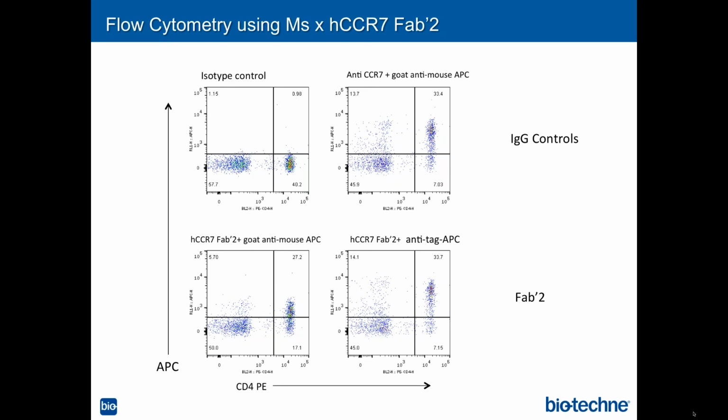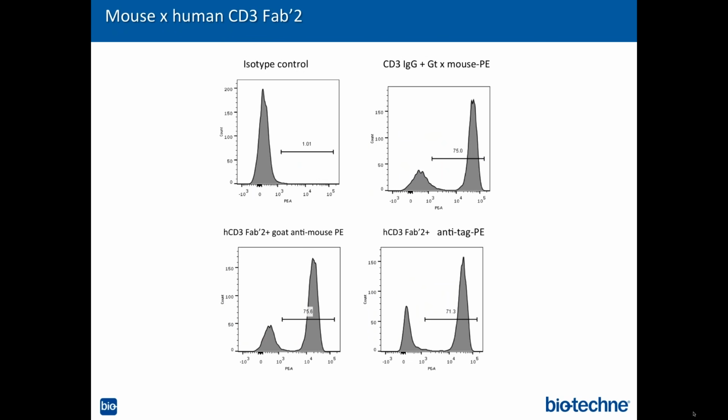However, if you use the anti-tag APC, again, you get a very nice separation. You get your specific T cell population with a very low background. So the antibody still performs very well as a FAB'2, just removing the Fc region.